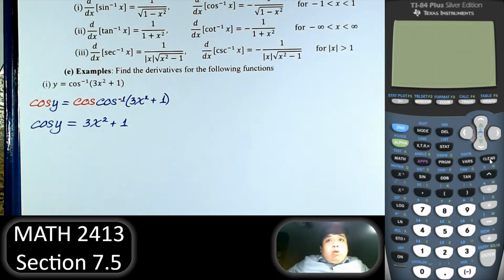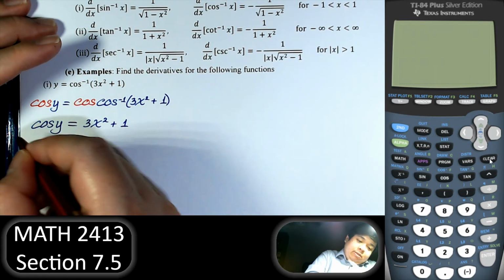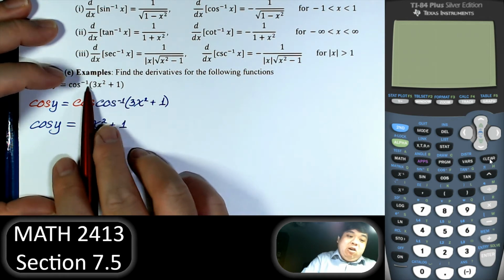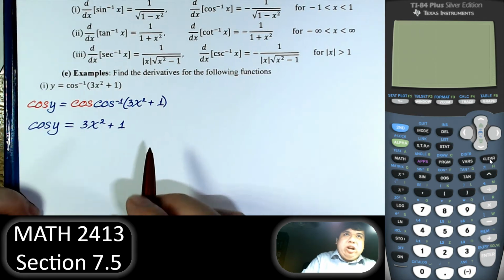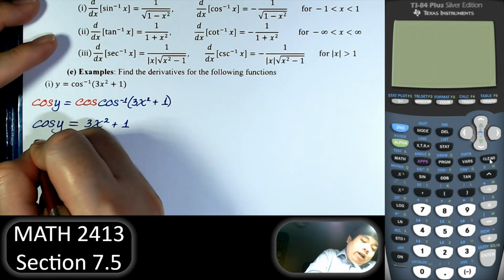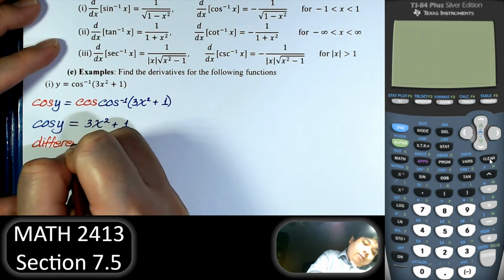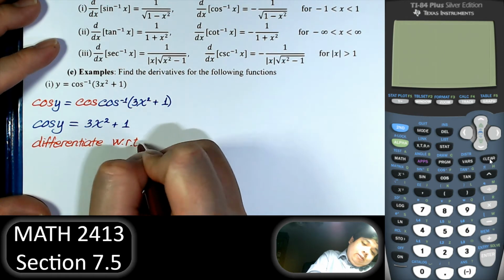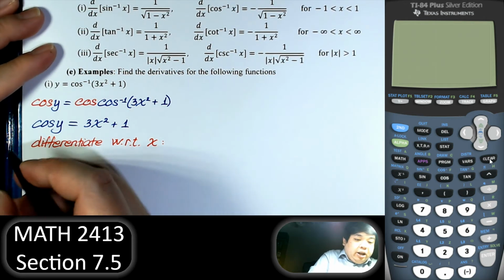Focus on the trigonometry later. Now just focus on the calculus. Differentiate both sides. Notice that it's not going to be equal to just x, because we have a function which is something more than that. Cosine only cancels the inverse, so we still have 3x squared plus 1. Now, differentiate with respect to x. Derivative of cosine is negative sine.